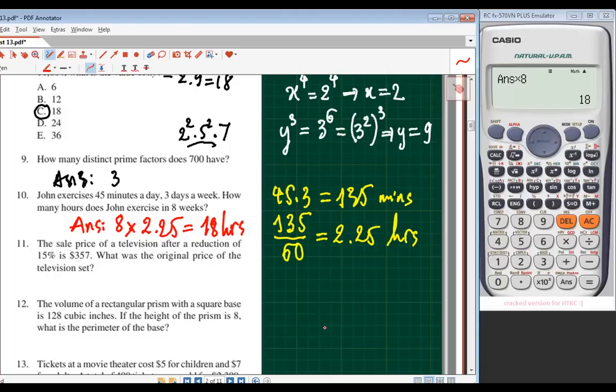The question number 11. The sale price of a television after a reduction of 15% is 357.